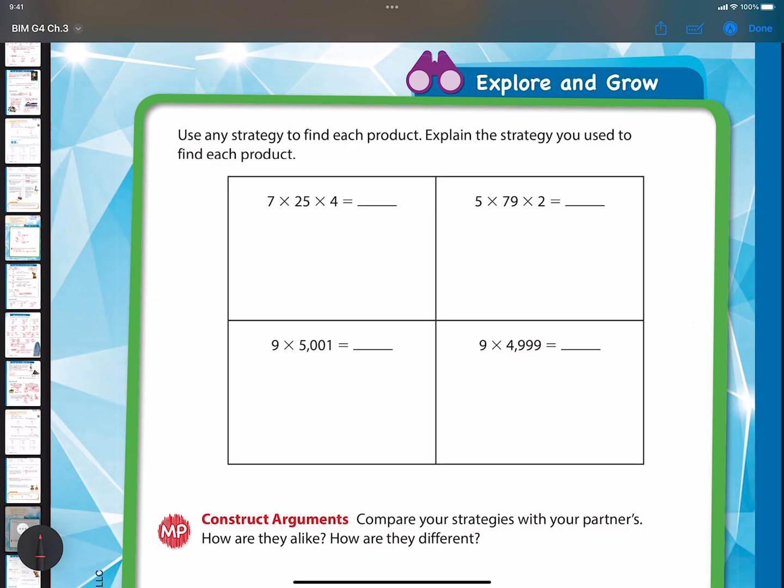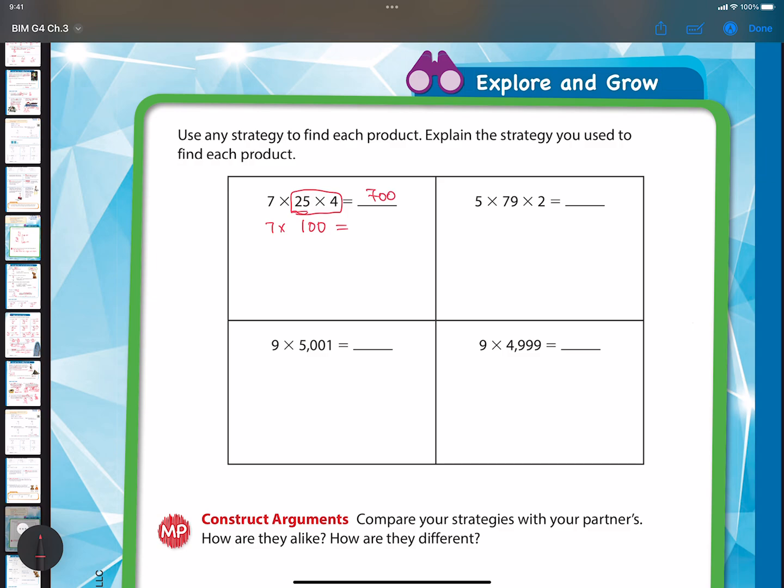Okay, for the first one, I know 25. I always ask you guys to think about what? Yes, 1/4, right? When you have 4 quarters, you have $1, which is what? 100 cents, right? Now 7 times 100 is what? 700.